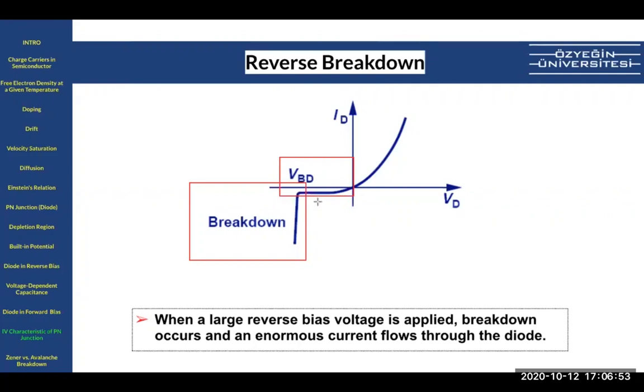How much the depletion region can get bigger is limited. So eventually the atomic, the quantum characteristics of the device will start to be bothered by this phenomenon, and then the device doesn't operate normally anymore. And then you will see a huge current flowing in the opposite direction. That's called the reverse breakdown.